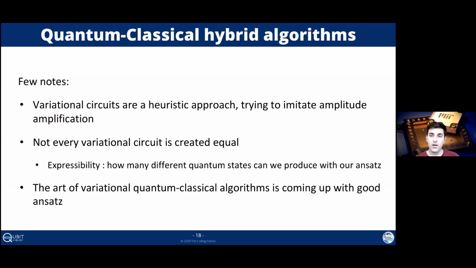So the art of variational quantum classical algorithms is coming up with a good ansatz for your problem. There's not a one size fits all ansatz or template that can solve every problem, but rather there are different templates that are good for solving different problems. And really the trick is to look at the problem that you have and somehow come up with a good template for it that makes the interface between your quantum and your classical computers easy, makes the back and forth easy, and you don't have to do it too many times.